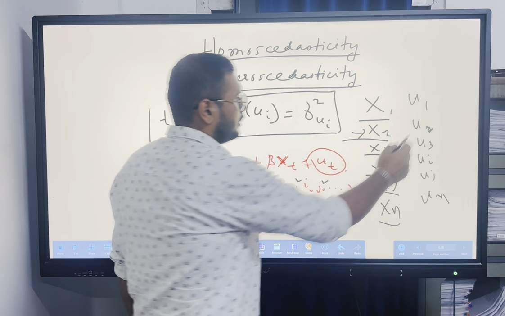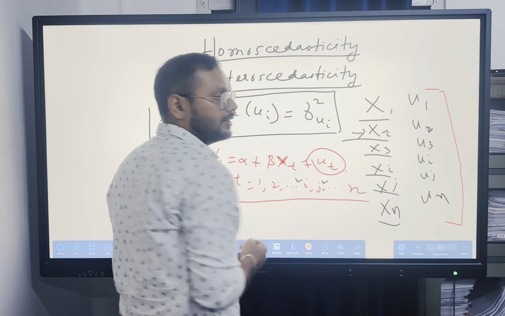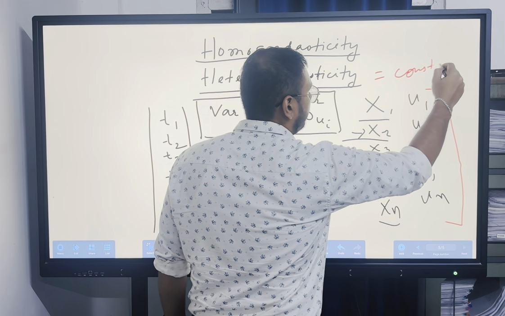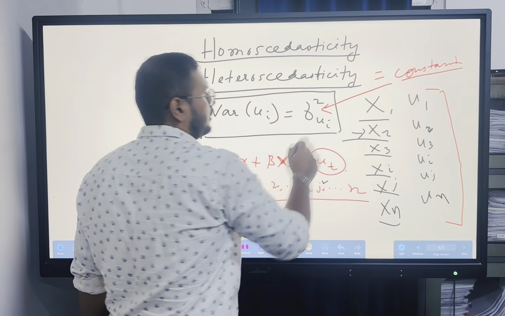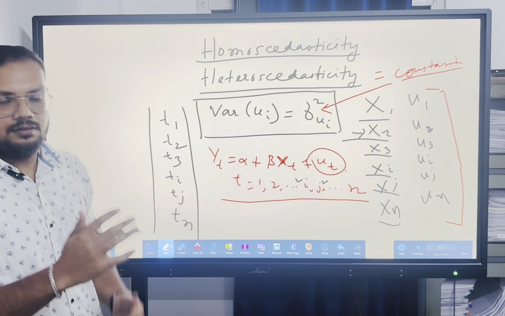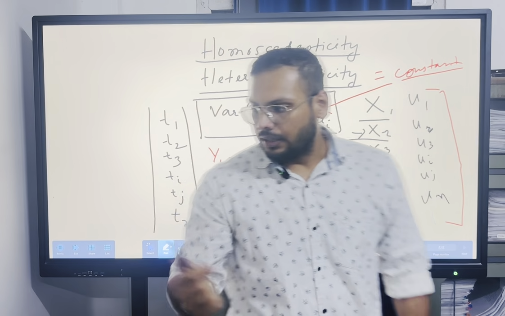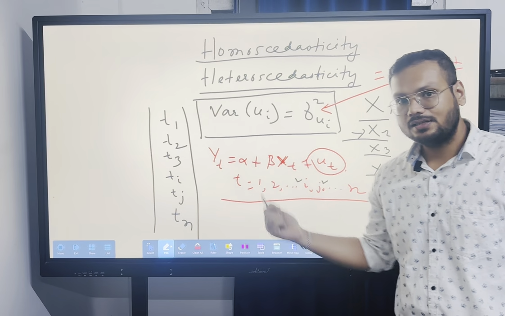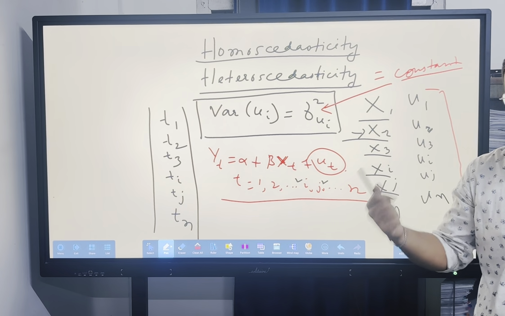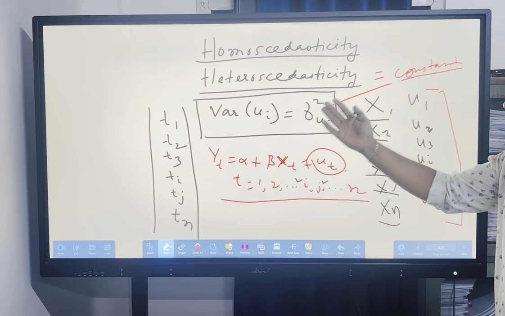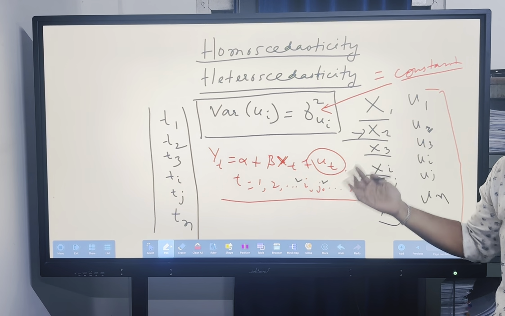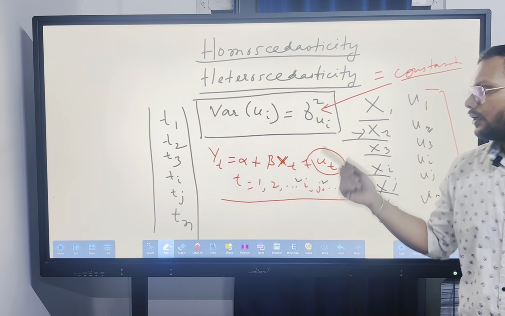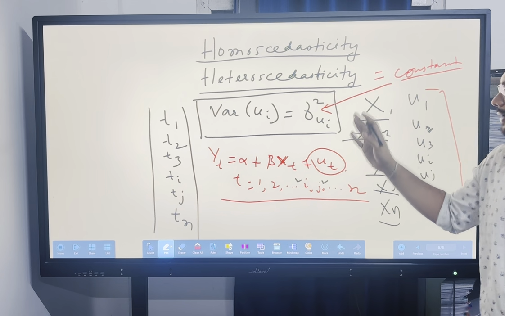Or you can say the variance of the error term across various time periods should be a constant. So this is the constant I'm talking about. I'm again repeating this: the error terms for a regression model across various time periods should have the same variance, or a constant variance, or you can say the probability distribution of the error terms for values of various explanatory variables should be the same.